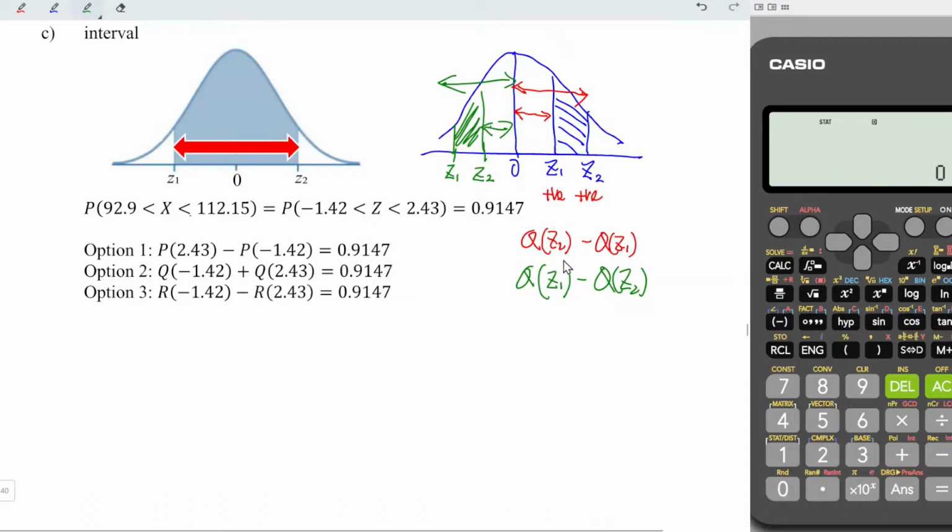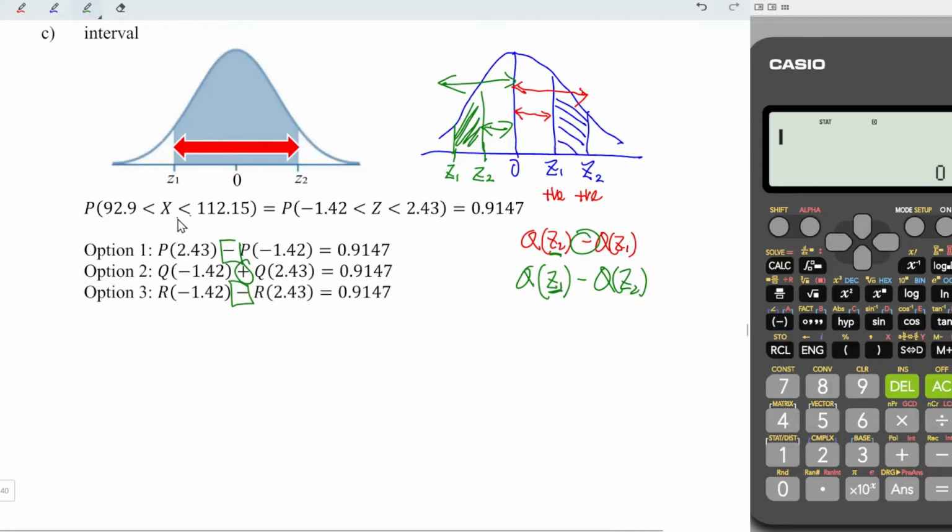From here, we can see that if we apply the Q function, sometimes we should consider whether we should use addition or subtraction. And one more is the position of the Z values is not fixed, not like the P and the R functions, where we can use consistently, all the while always subtraction.